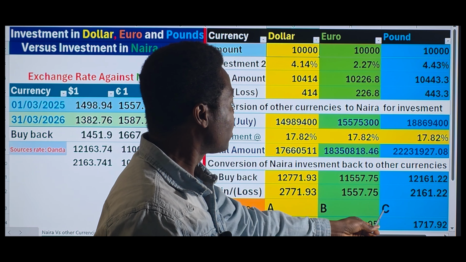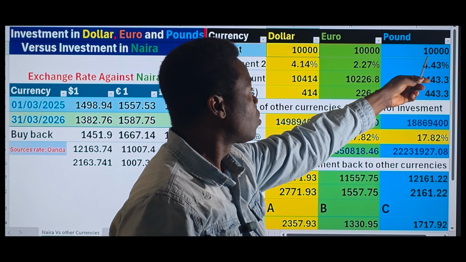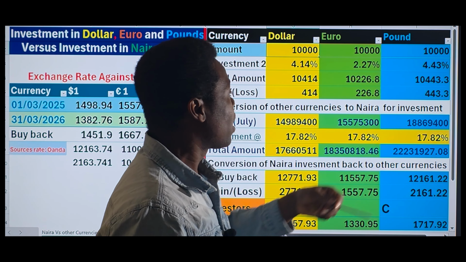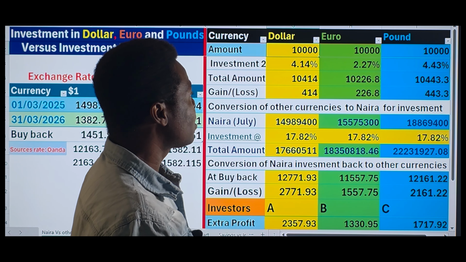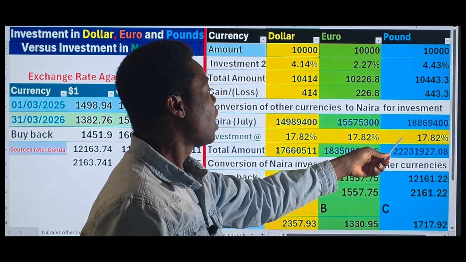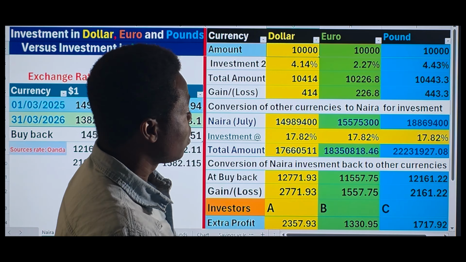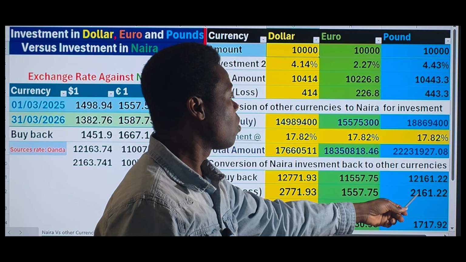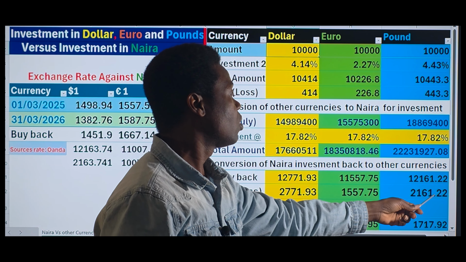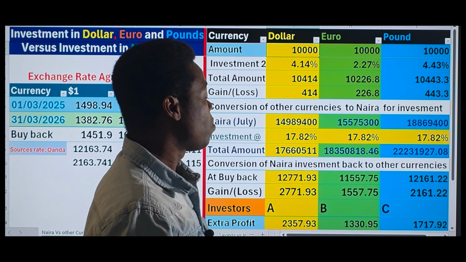But if investor C takes this 10,000 pounds and invests it in the Nigeria Treasury bill at an interest rate of 17.82%, he is going to make a profit of 2,161.2 pounds.